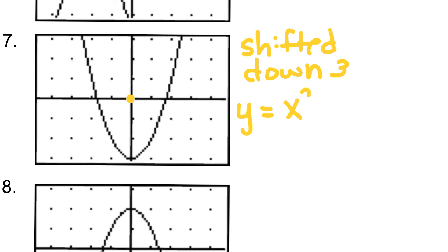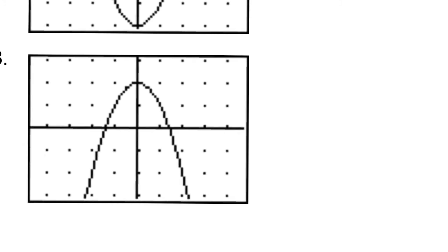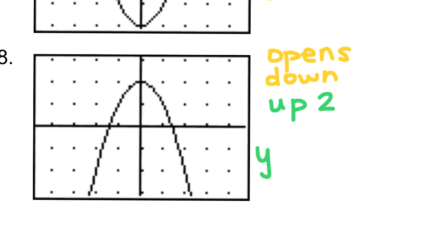So you're going to have x squared minus 3. Now try the last one on your own. Please pause the video here and note the transformations. So it opened down. That would be y equals negative x squared. And it shifted up 2. So we would add 2 to the parent function. This concludes your lesson for today.